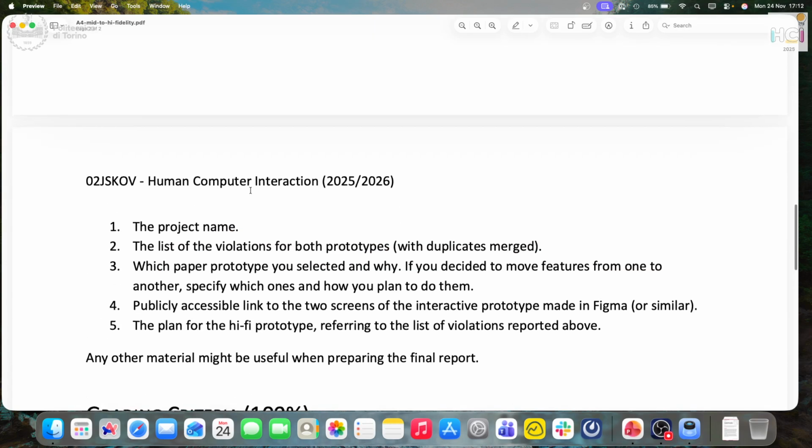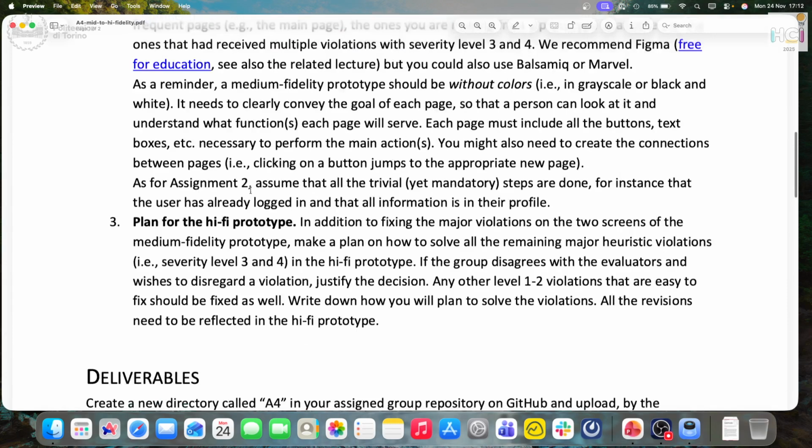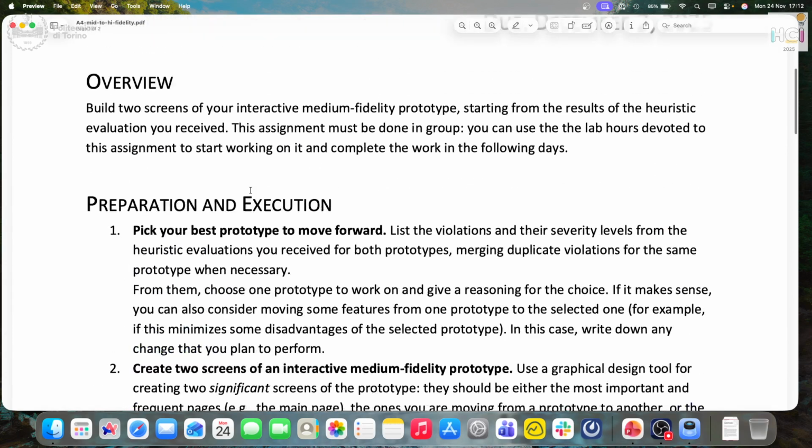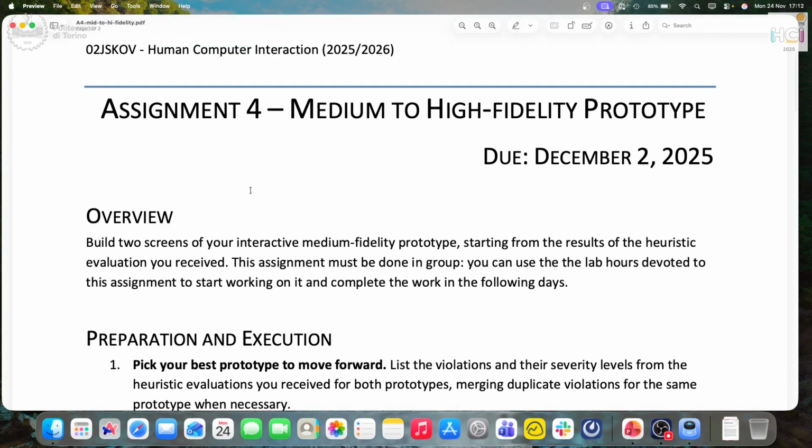Any other questions? Yes. Should we still follow one task when depicting the screens, or just the screens of the application? Two screens of the application. Just 2 pages, 2 screens. We call them screens because it depends if it's a web page or a mobile page.